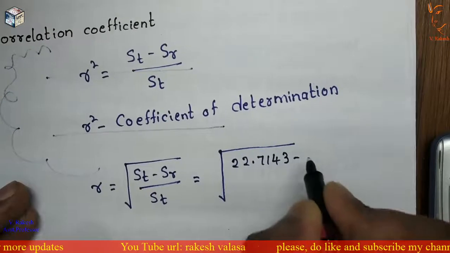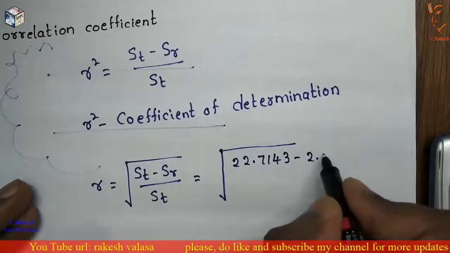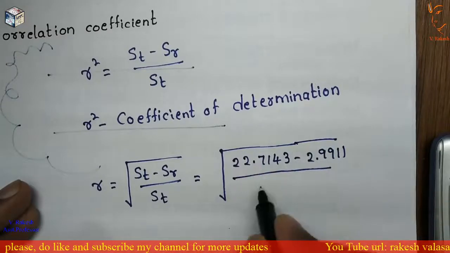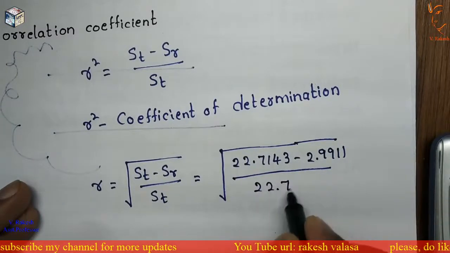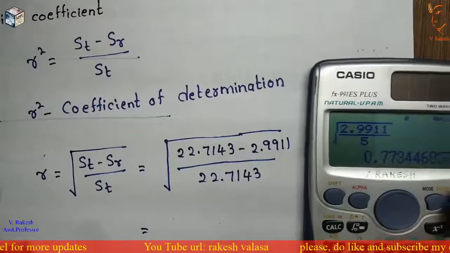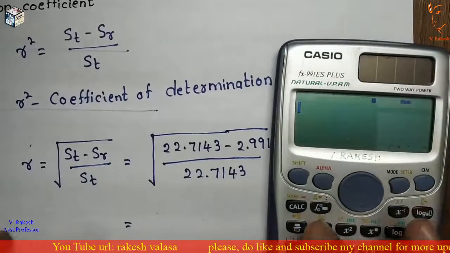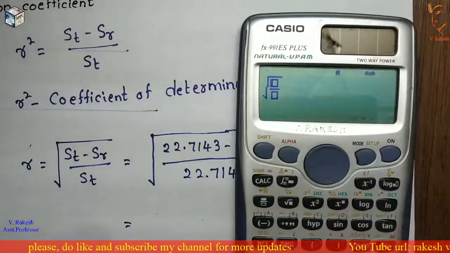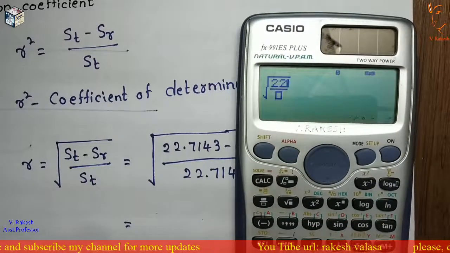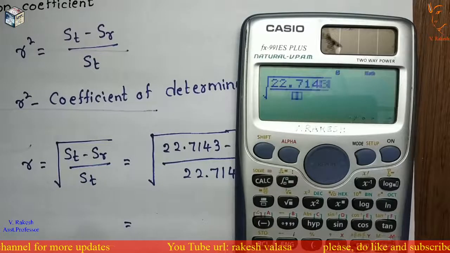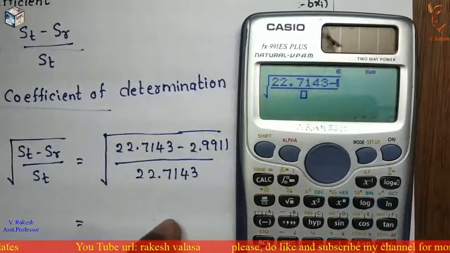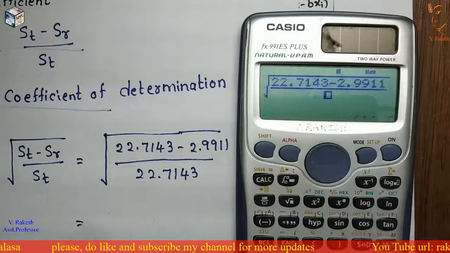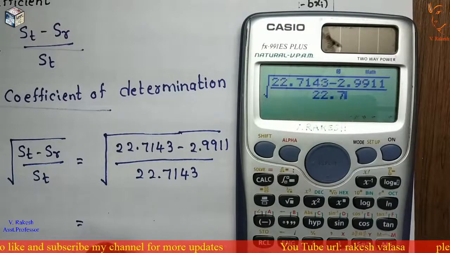So r equal to under root 22.7143 minus 2.9911 by 22.7143.